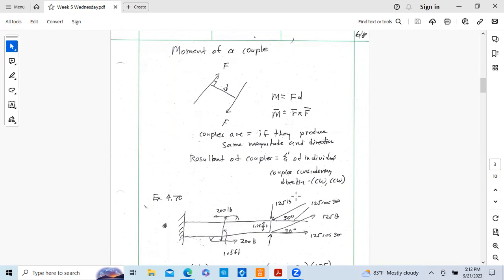When we add couples, obviously a counterclockwise couple could counteract a clockwise couple, and there's a lot of interactions and counteractions that we're looking at. So we need to be able to add these, and we assign the plus and minus sign. Minus, negative, is clockwise, and positive is counterclockwise rotation. And so that allows us to add moments and couples. We treat them the same way.